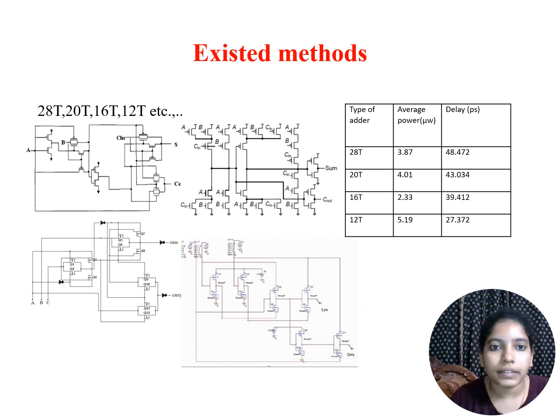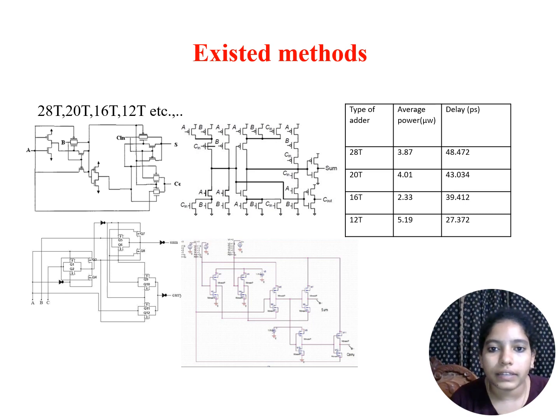And coming to existing methods, these are some of the existing full adders which are implemented with different techniques. This table shows the full adders with respect to their average powers and delays. This is a 28 transistor full adder, which has an average power of 3.87 microwatts and a delay of 48.47 picoseconds.